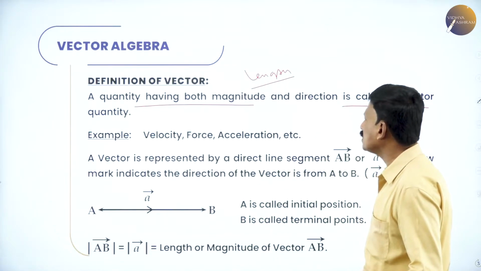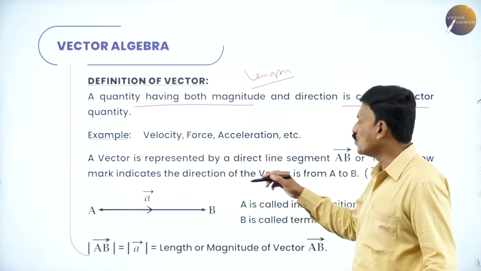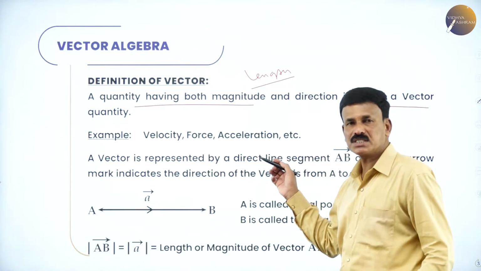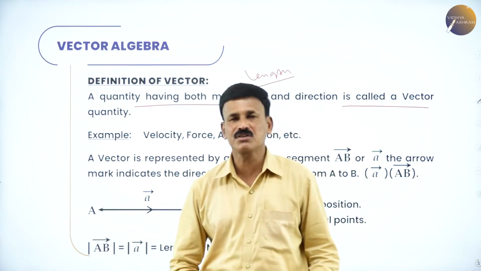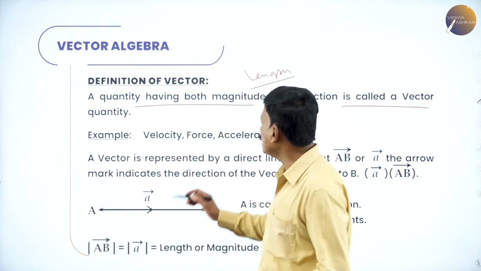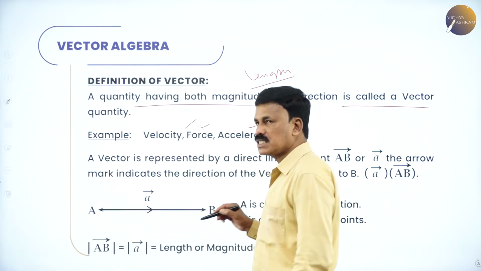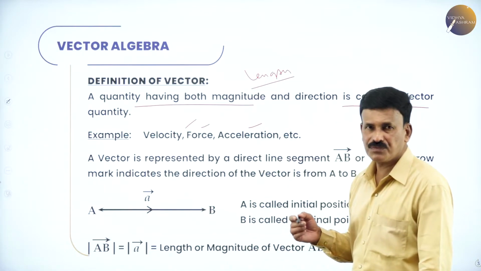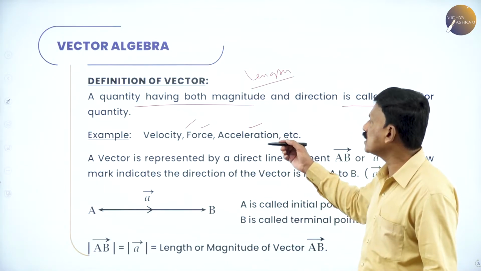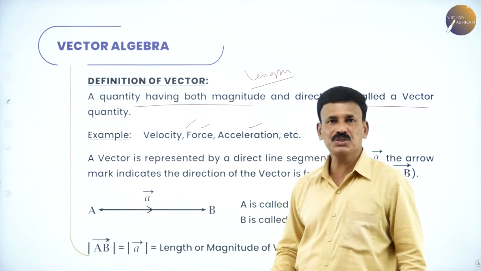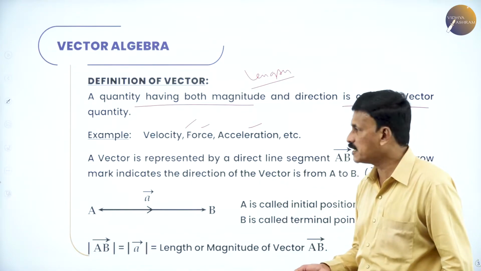Examples of vector quantities are velocity, force, acceleration, etc. These are all vector quantities, having both magnitude as well as direction.